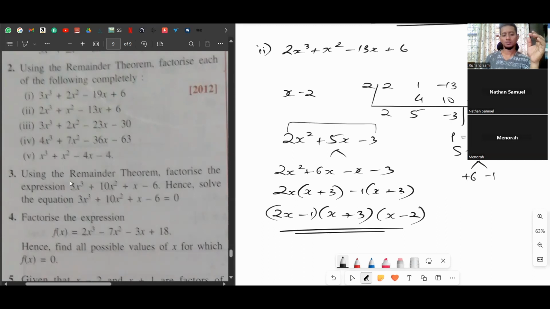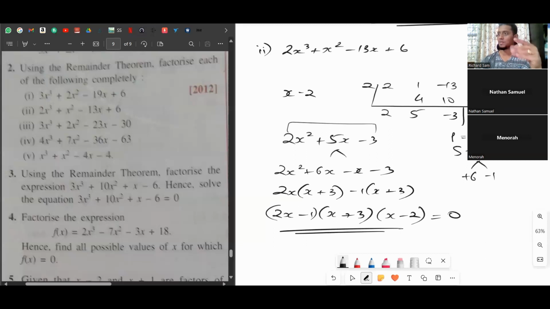So when you factorize this expression, you will get 3 factors, for example, 2x minus 1 into x plus 3 into x minus 2. And then they're saying, hence, solve the equation, same thing, equal to 0. Which means you will just put equal to 0 for the answer.